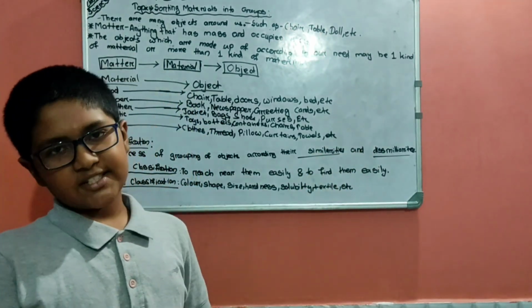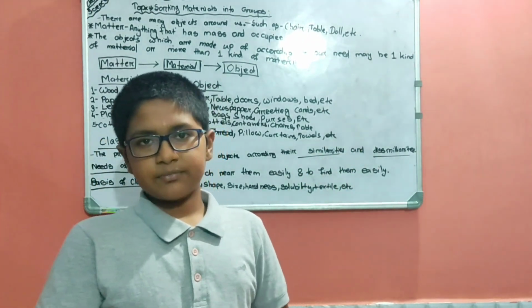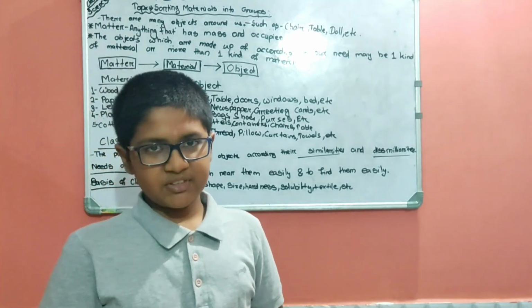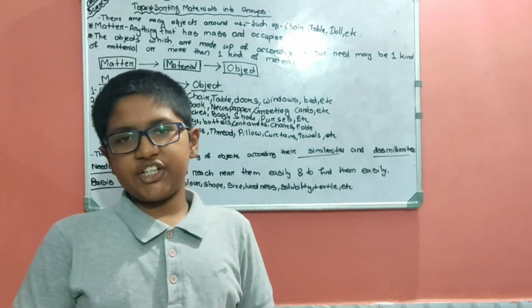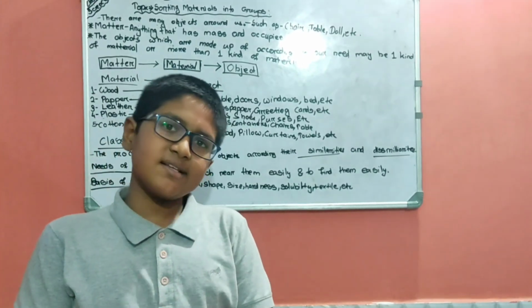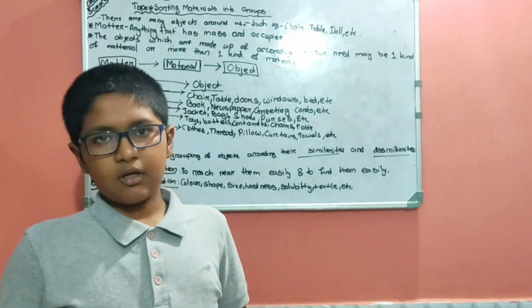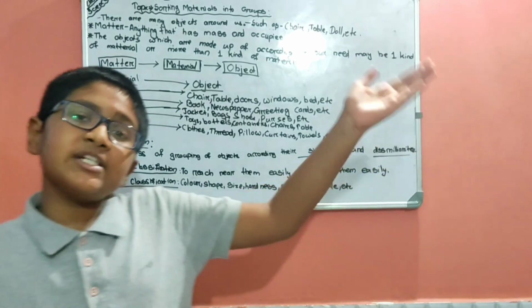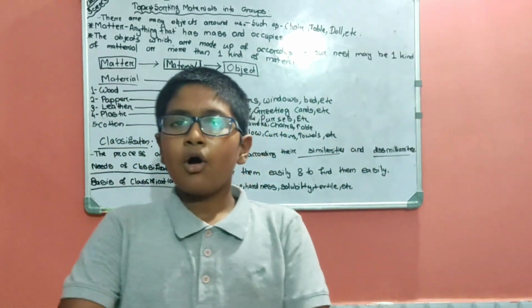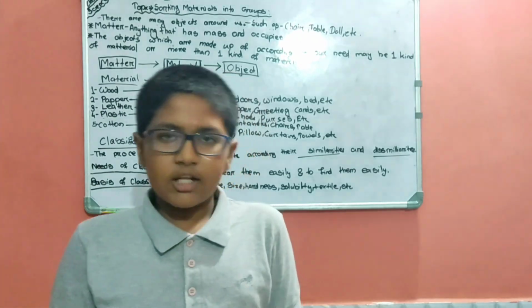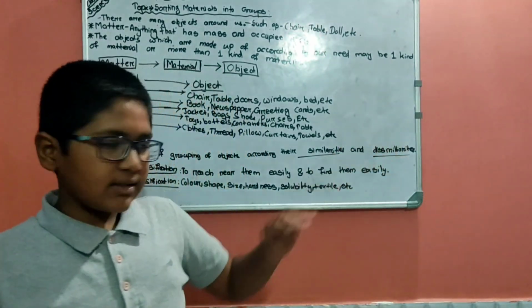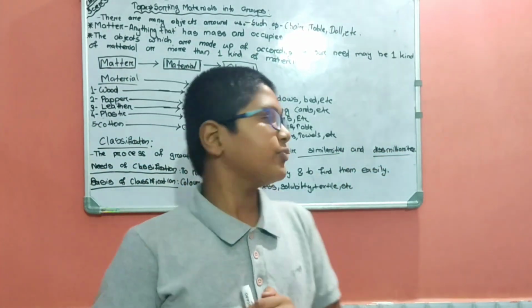Now dissimilarities: detergent and Maggi. Detergent is used for washing clothes and Maggi is used for eating. We can't use detergent for eating or Maggi for washing clothes. These are the dissimilarities.